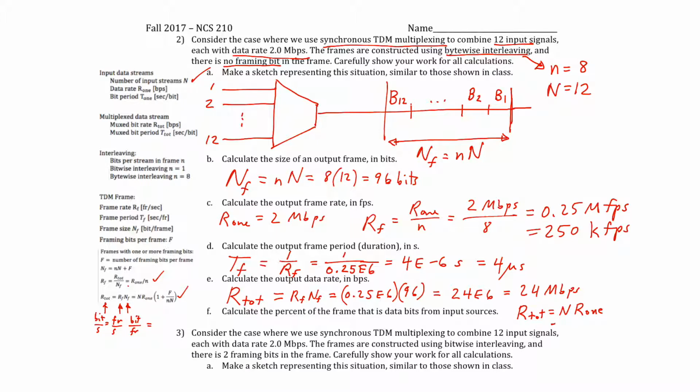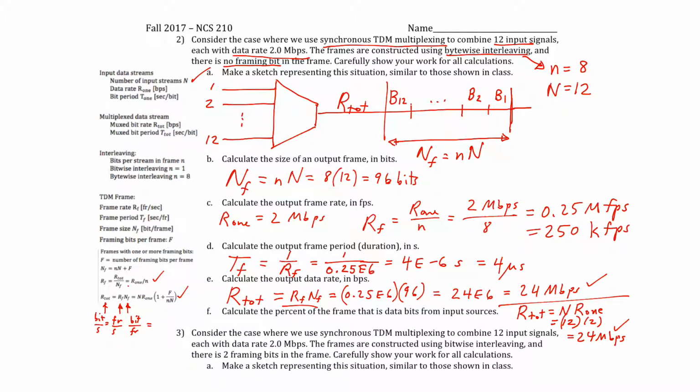So calculating our R tot this way actually turns into a nice double check on our total bit rate. But when you have no framing bits, you simply say that the total bit rate, R tot, is the sum of the bit rates coming in to the multiplexer. Okay?